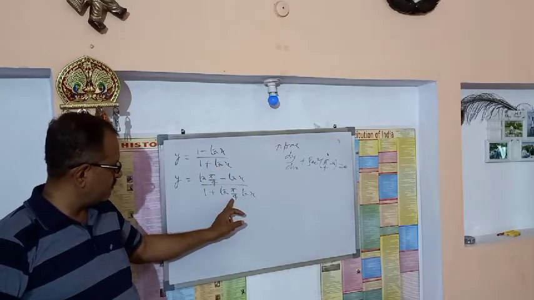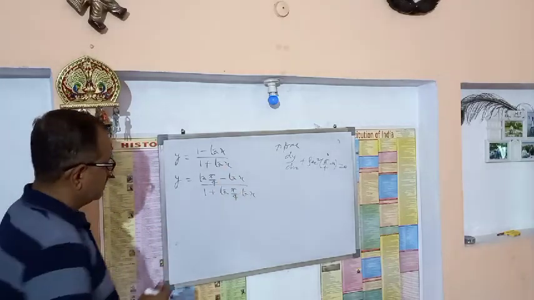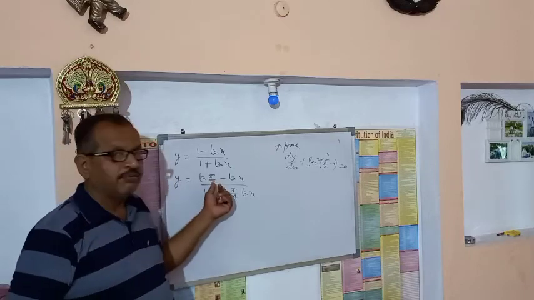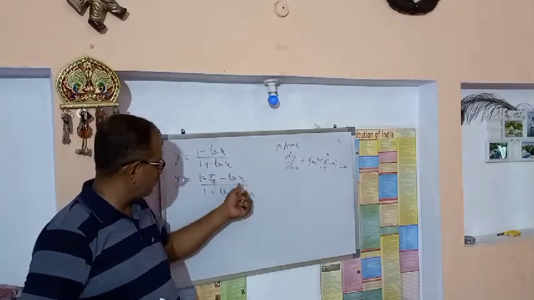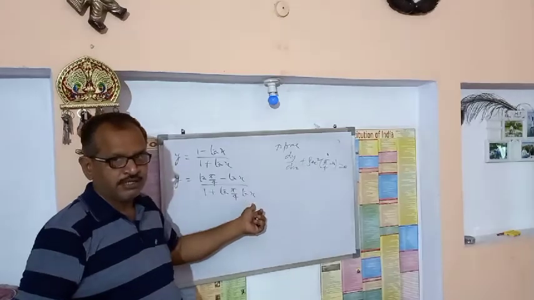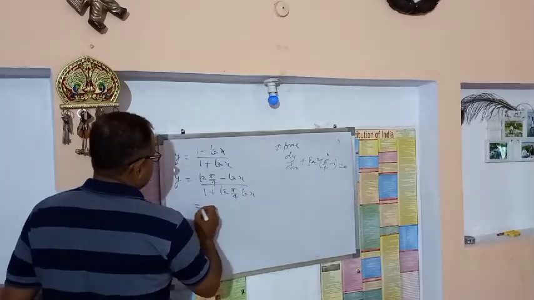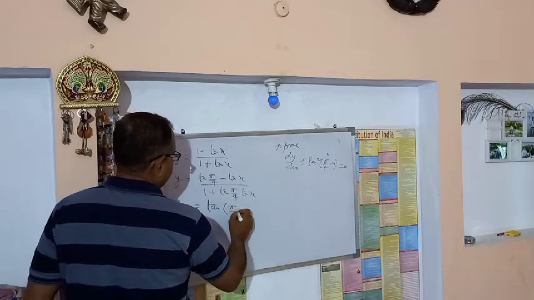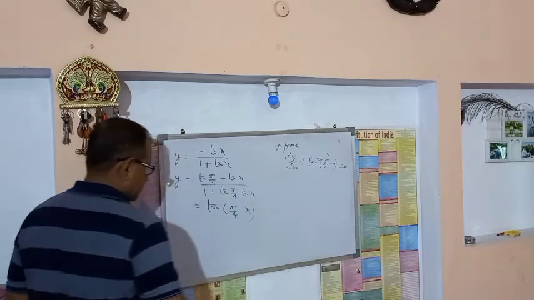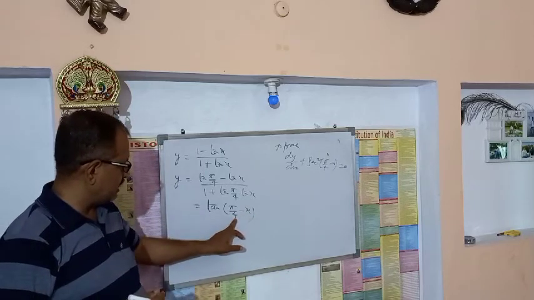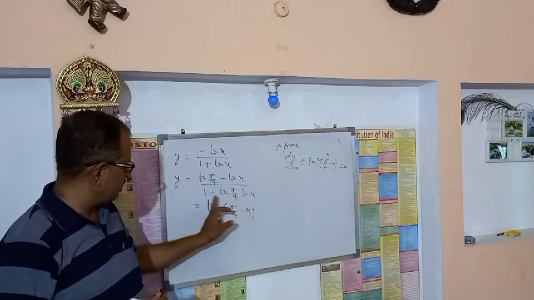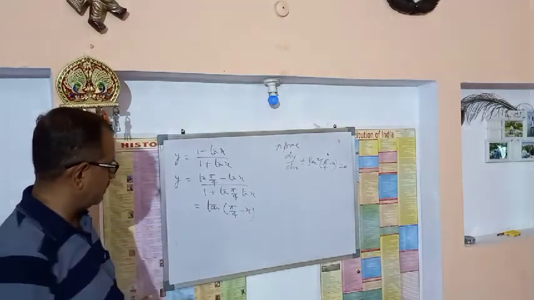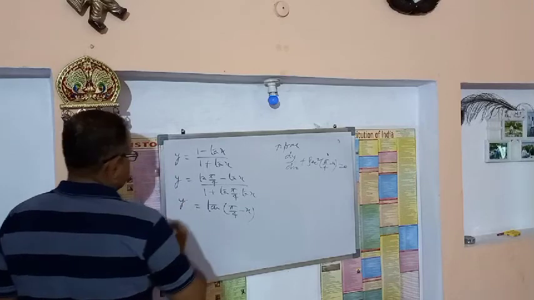This is the formula of tan a minus b: tan a minus tan b upon 1 plus tan a into tan b. So we can write it tan of a minus b, where a is pi by 4 and b is x. It is y.